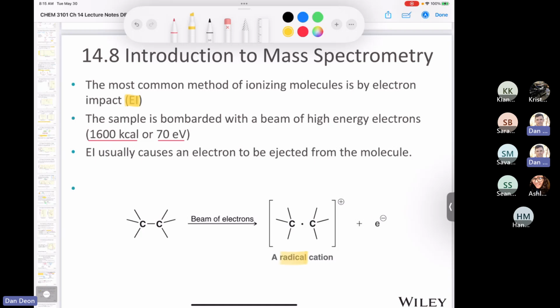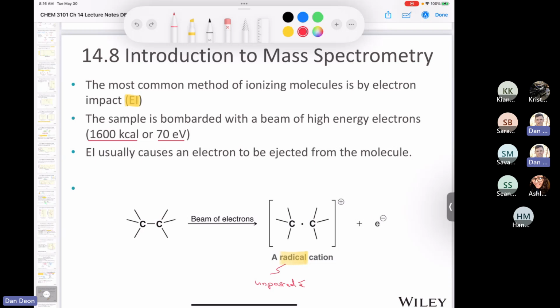Well, hopefully you remember from Gen Chem 1 that a radical just means we have an unpaired electron. In here, everything was perfectly paired up, but now we have an unpaired electron, so that's a radical. And then a cation, well, if you lost an electron, that's a -1 loss of charge, so that means you're going to have a cation. And of course, it's not stable, and that's why they have it in these square brackets here, because now this thing can undergo what we call fragmentation.